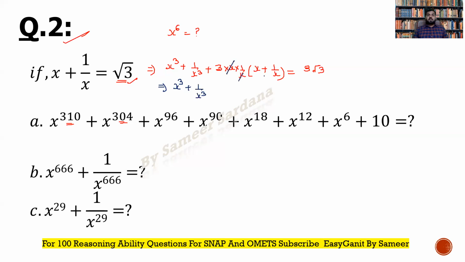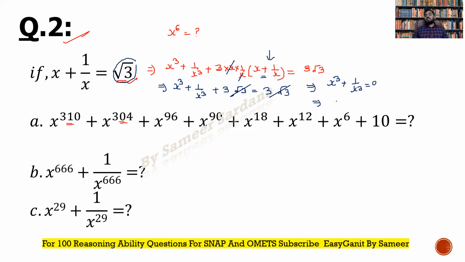This gets cancelled. Now 3 times of x plus 1 upon x. x plus 1 upon x is equal to root 3. So if I put x plus 1 upon x as root 3, I'll get this expression as 3 root 3 is equal to 3 root 3. Both of these two values will get cancelled. And finally, I'll have x power 3 plus 1 upon x power 3 is equal to 0.